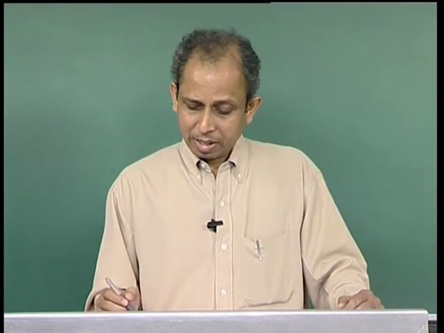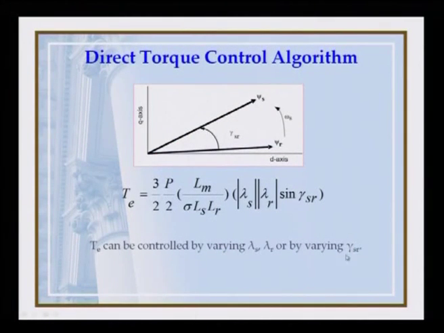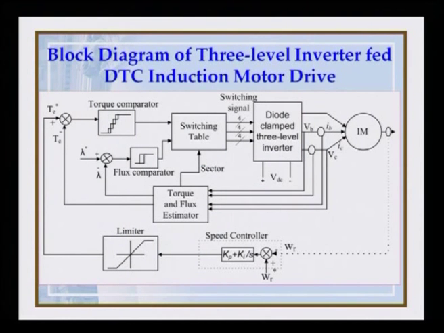So, what we do, we control the torque by controlling gamma sr, the angle between the 2 fluxes. This is the angle, and what we obtain finally is a closed loop block diagram of speed control.